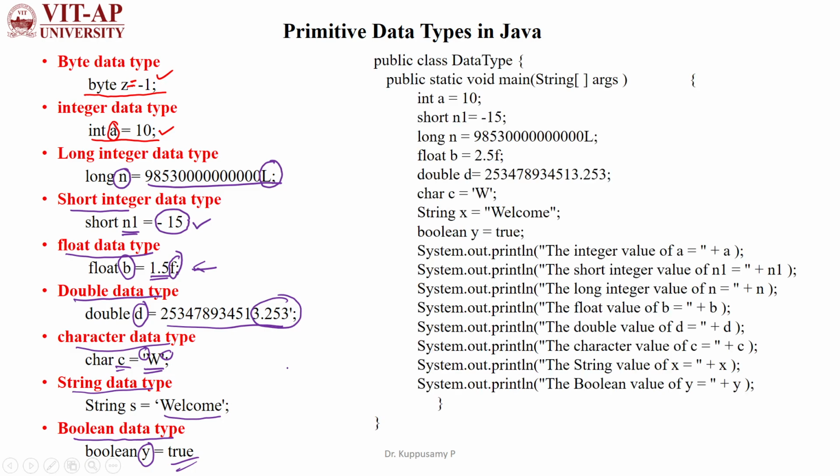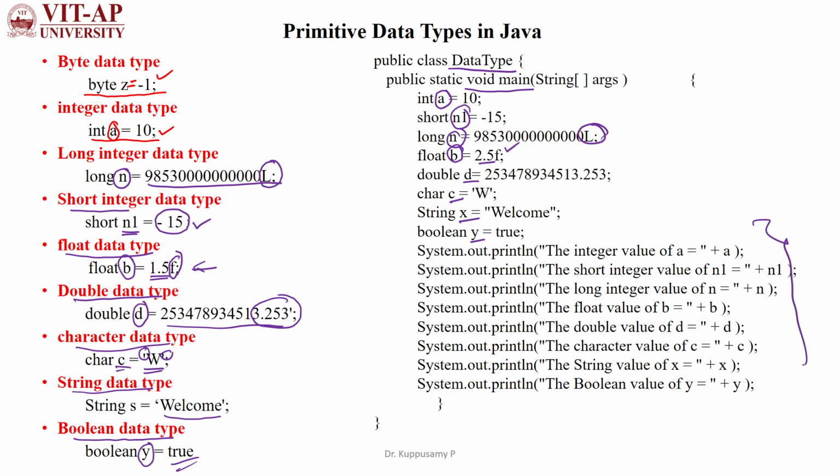Here the example program is given: class DataType, starting with the main method. Here the integer data type, short integer, and long integer, represented with an l at the end of the digits. And the floating point number ends with a small f. Then the double data type, character, string, and boolean data types.